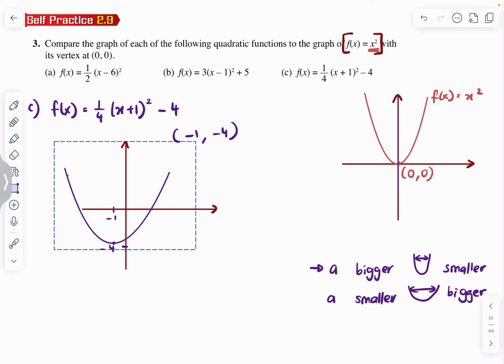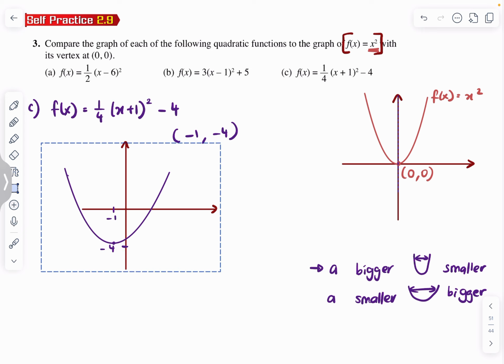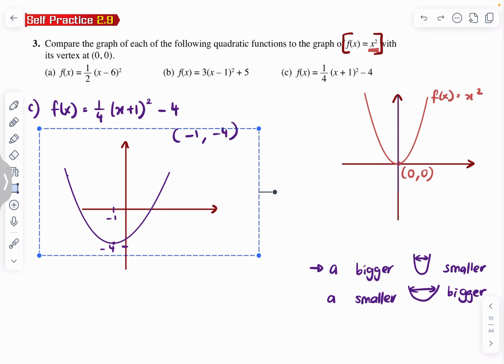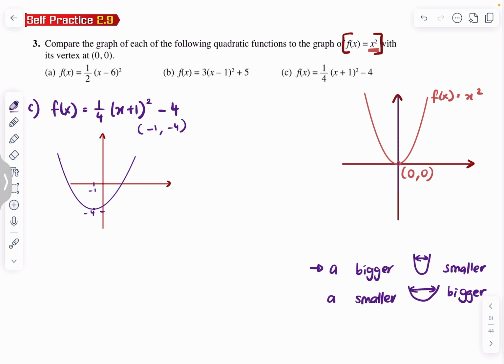Right. So let's write down the comparisons. Okay. So first we can talk about the vertex. The vertex has moved 1 unit to the left and 4 units downwards.